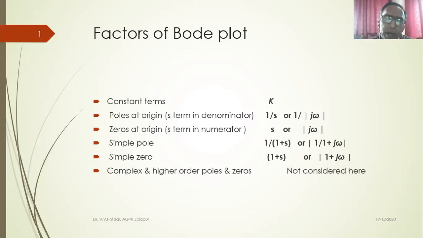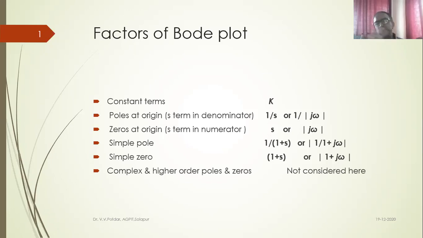So this is what we discussed. Now we'll see, given a transfer function, how to plot these Bode plots, Bode magnitude plot and Bode phase angle plots for various factors that are involved in the transfer function.